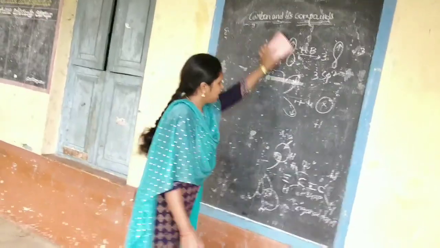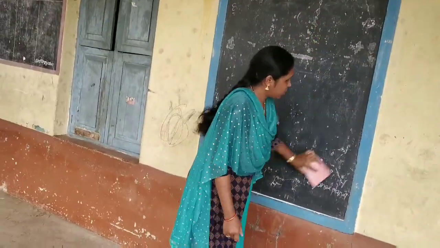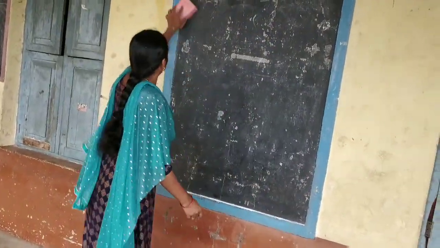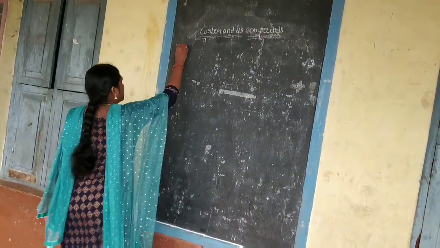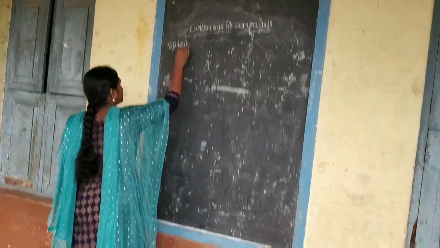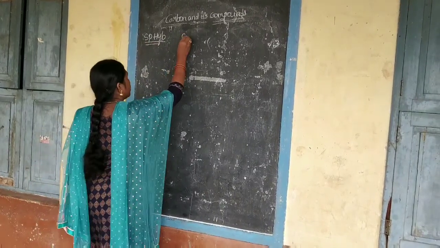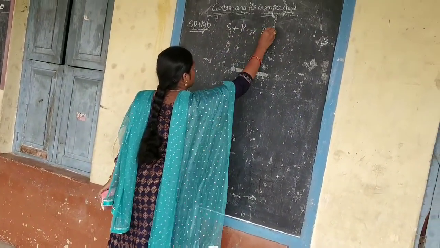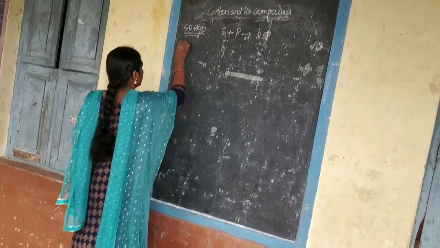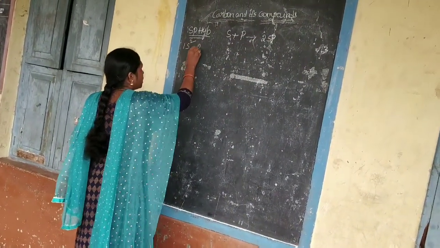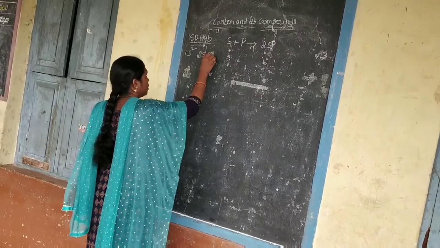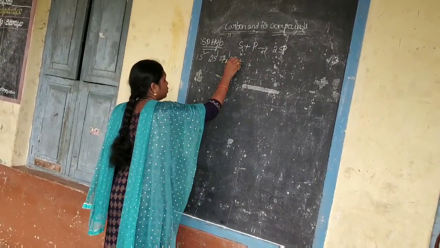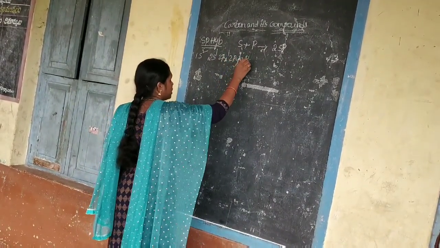Next we see sp hybridization in carbon. sp hybridization means one s orbital and one p orbital are involved and form two sp hybrid orbitals. See the excited configuration: 2s1, 2px1, 2py1 and 2pz1.